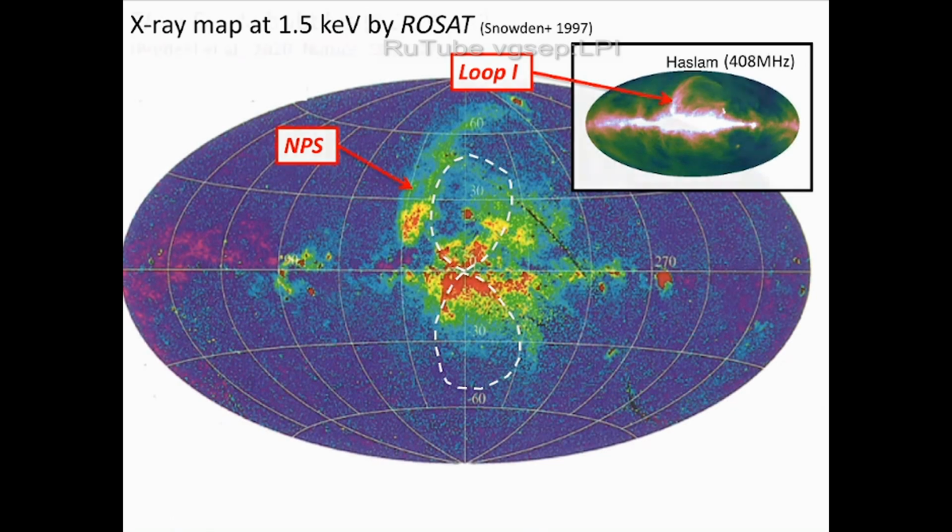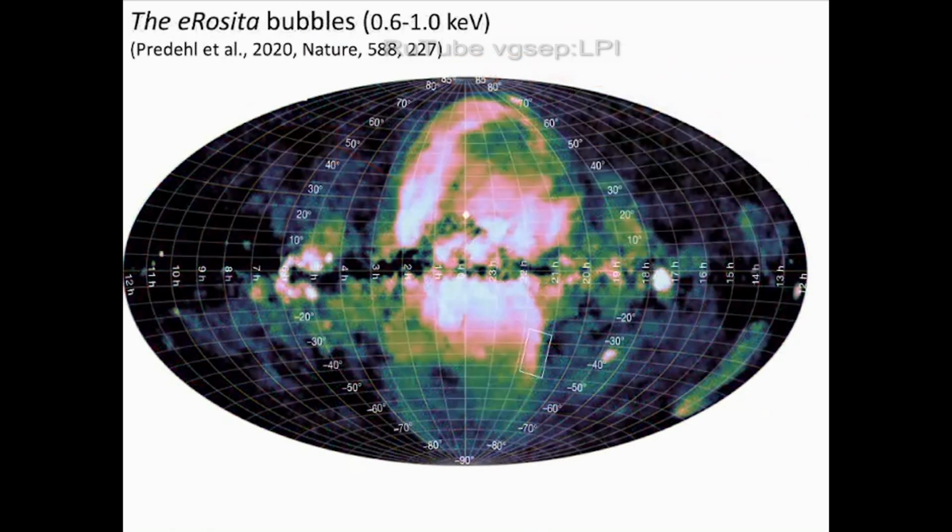Until very recently, in 2019, the eRosita satellite was launched. And although it's currently on hold, unfortunately, during its active phase of observation, it already revealed very, very striking structures in the Milky Way galaxy.